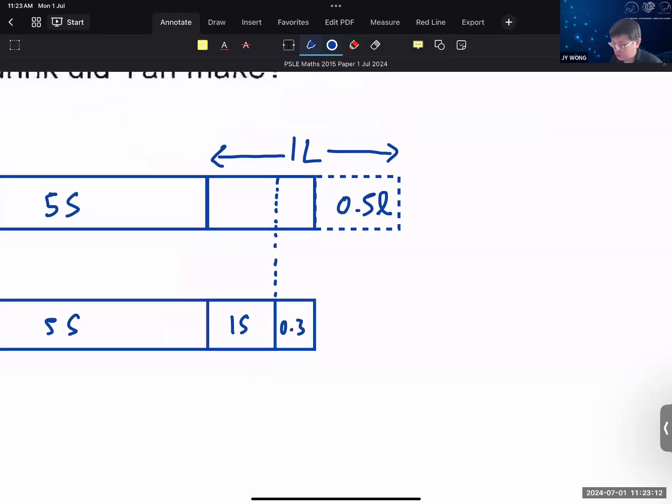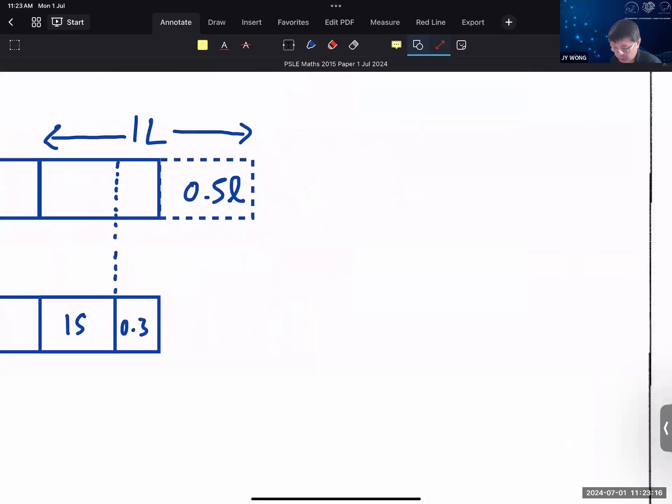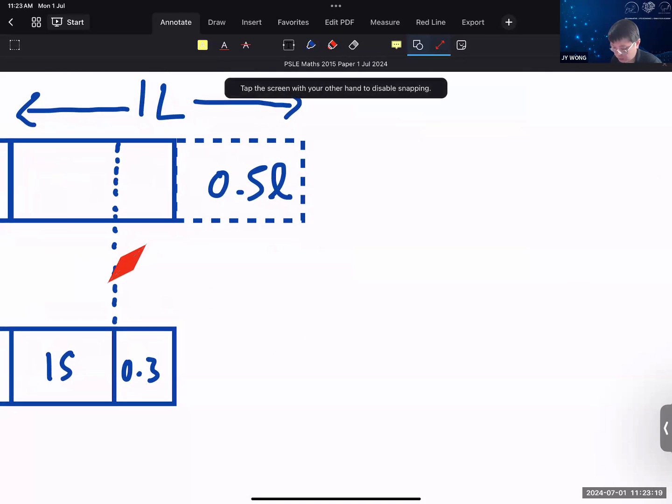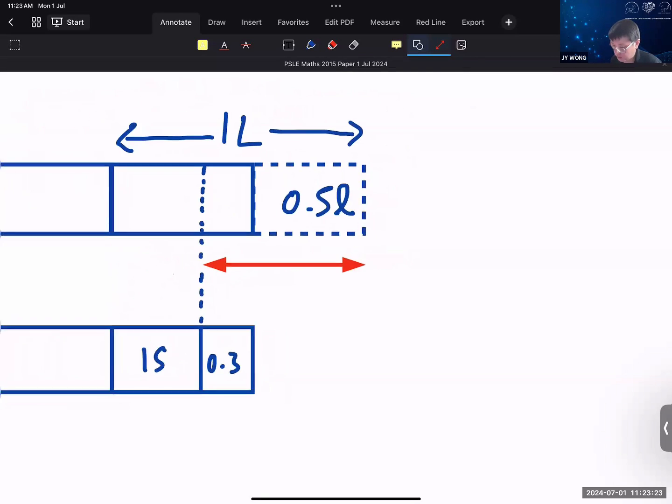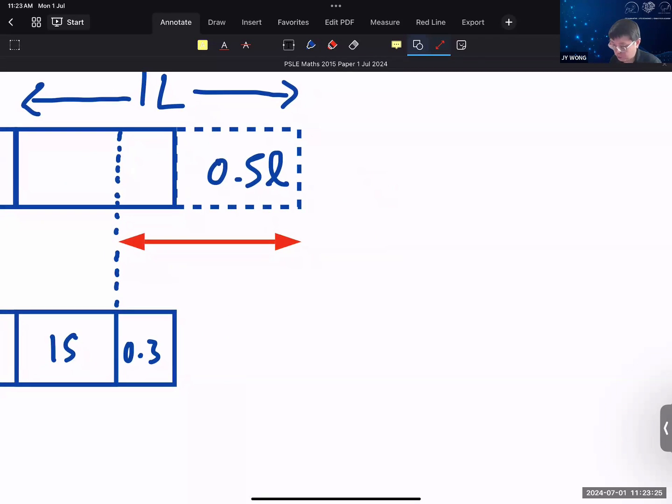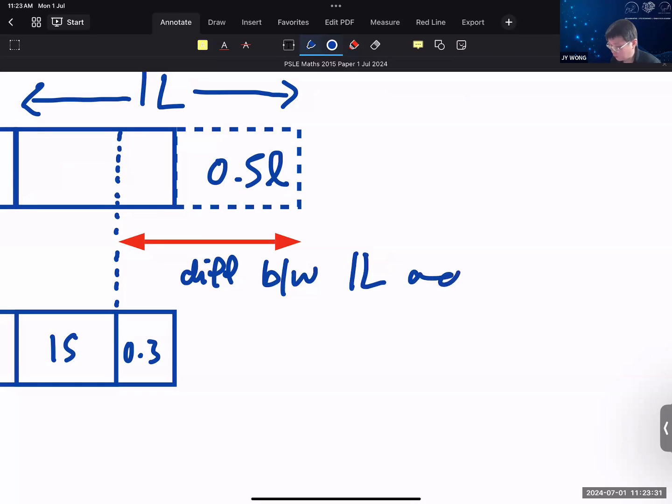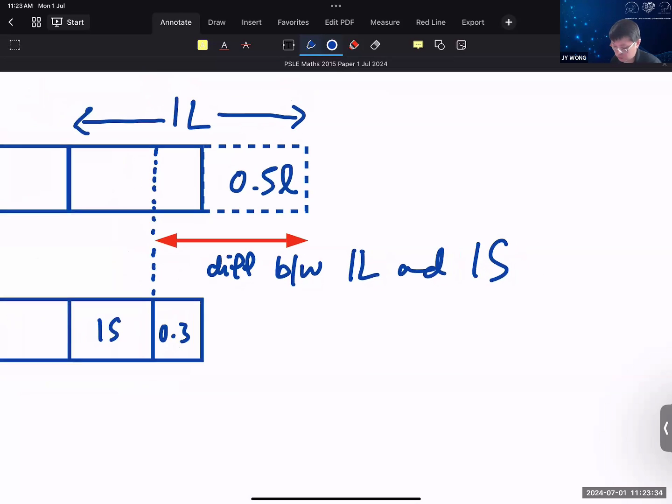And that is why, for the difference between one large and one small, we basically ignore the entire left part of the model. We only look at this part. If we only look at this part, you can see that this is the difference between one large and one small.